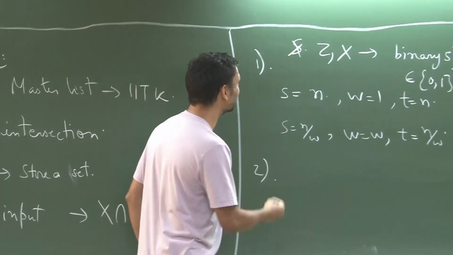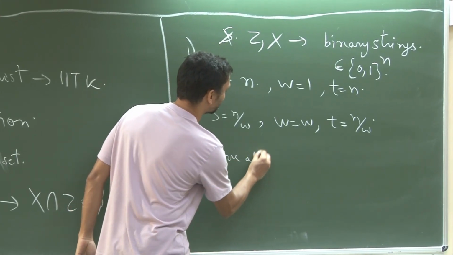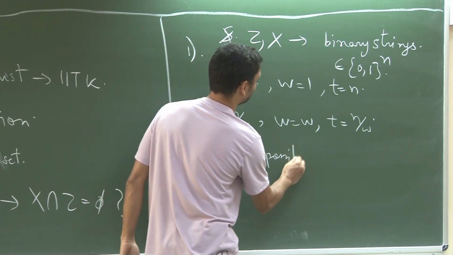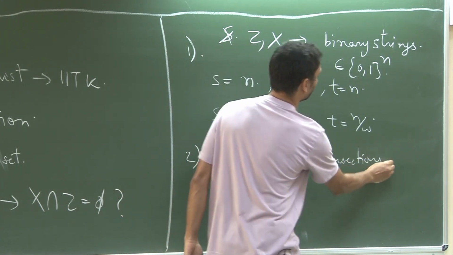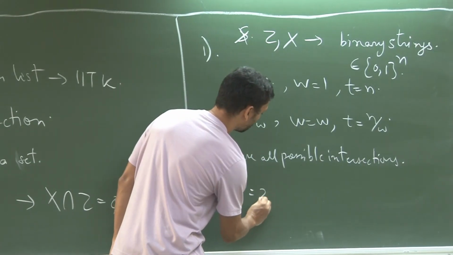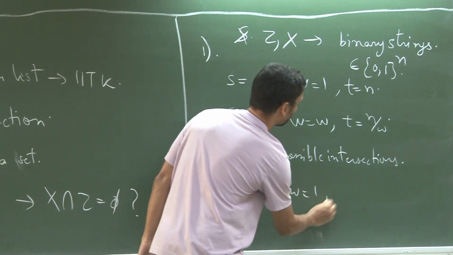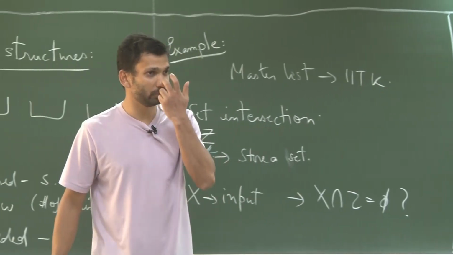Very nice. What I can do is I can store all possible intersections. Correct? And in that case, t will be 1.